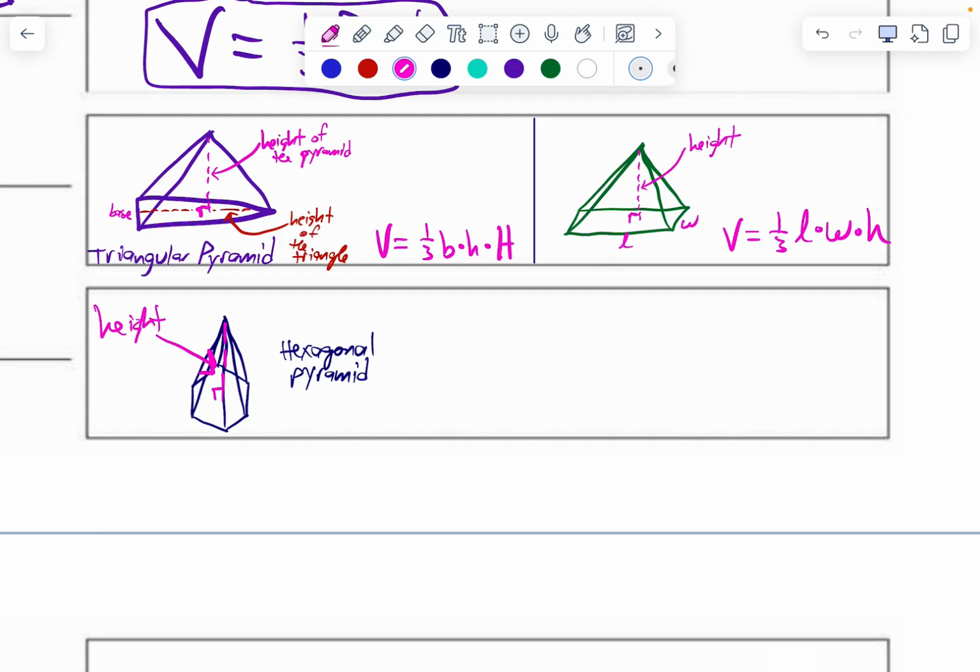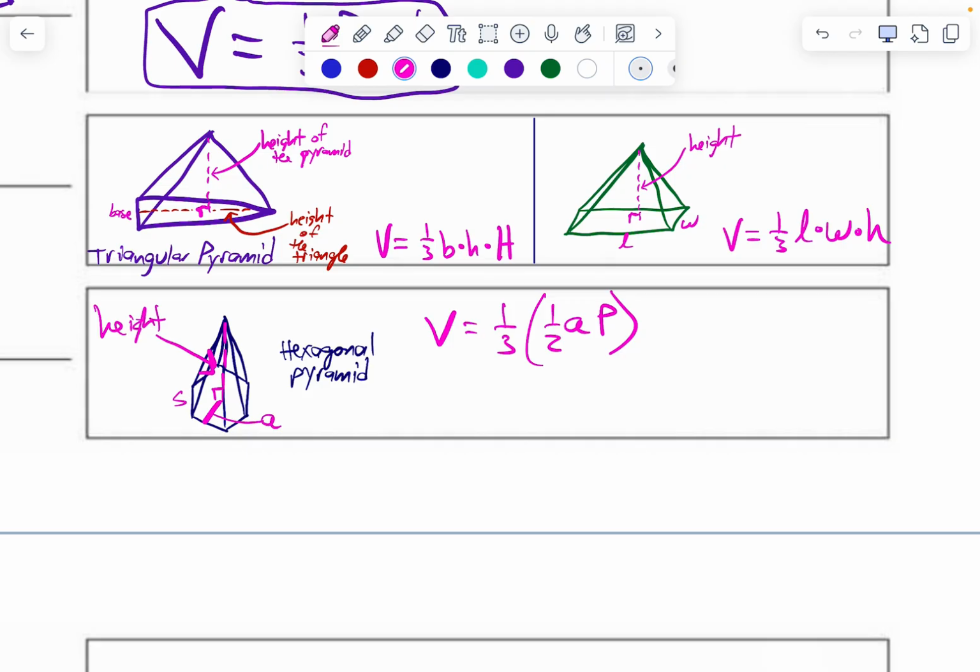You take notes. Okay, so we need to know the apothem this time, right? And we need to know the side length, the perimeter. So V equals 1/3 and then times 1/2 AP. So two different fractions in that one.